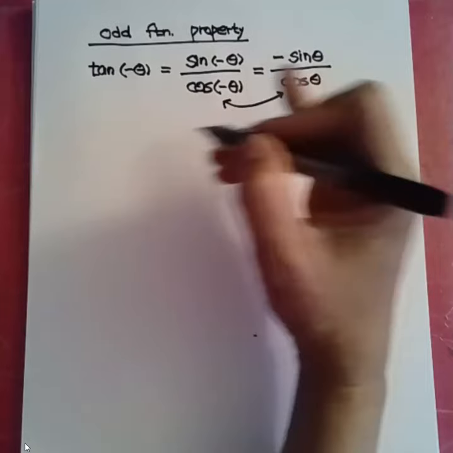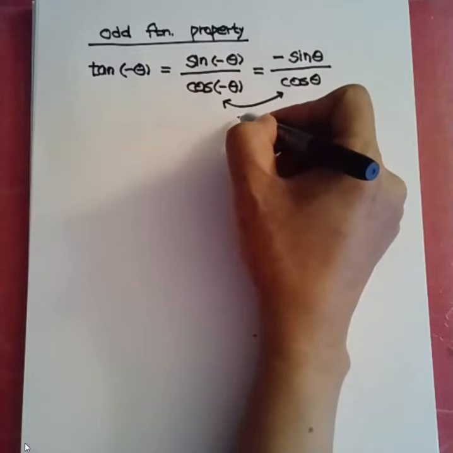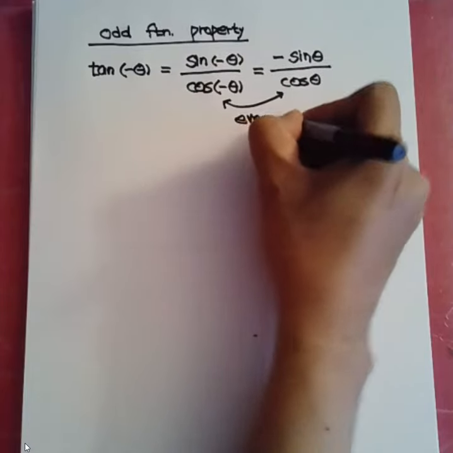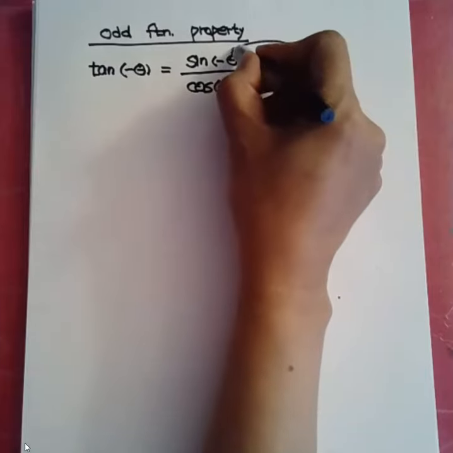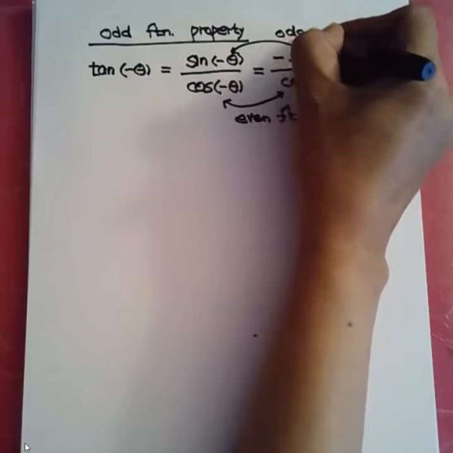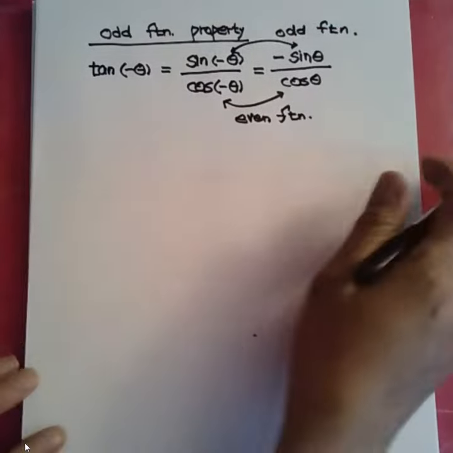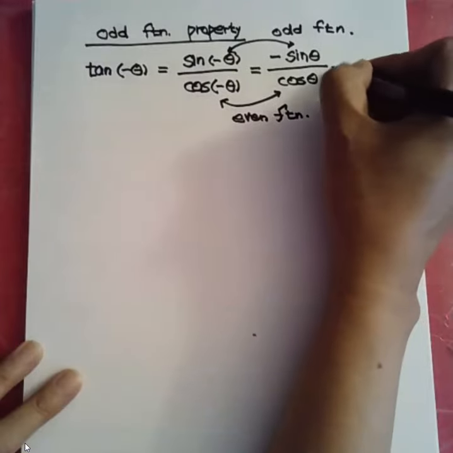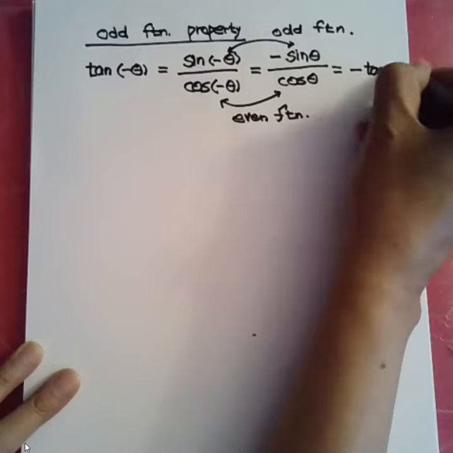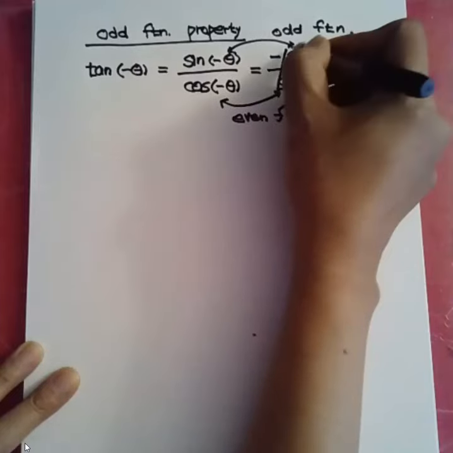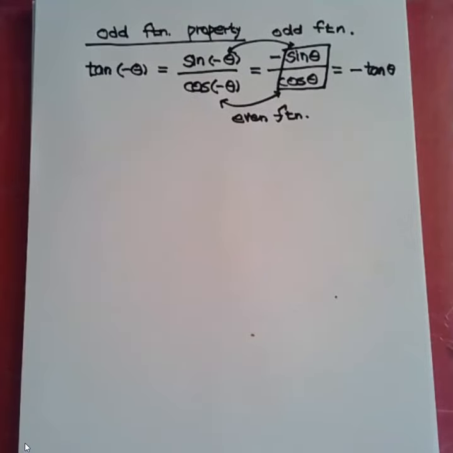When we switch the input value sign, the function value stays the same. From here, we can rewrite that as minus tangent of theta, by looking at sine over cosine, and minus is attached to that.